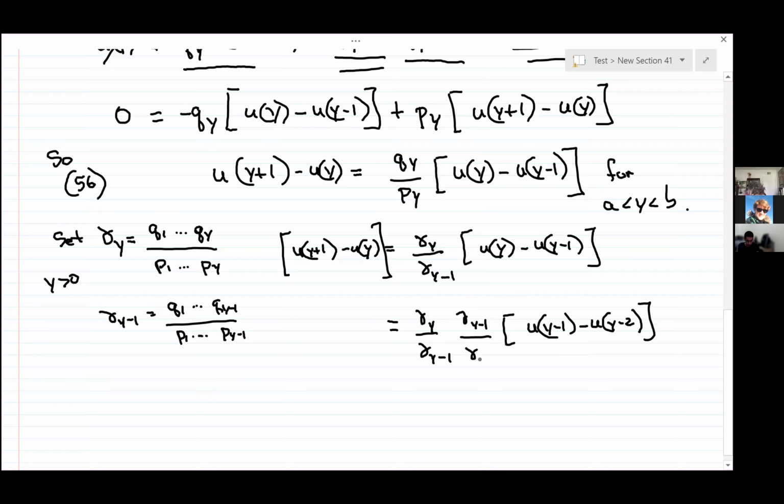So that will become gamma of y minus 2. In other words, this is the constant. I multiply this difference to get this portion. So it's the same equation.